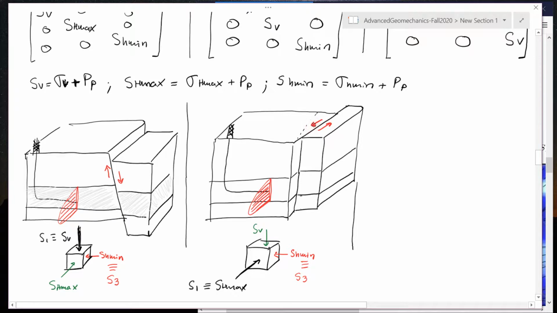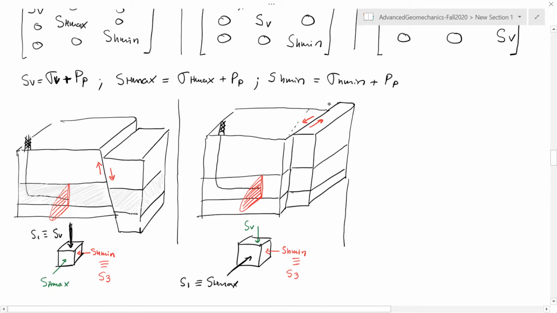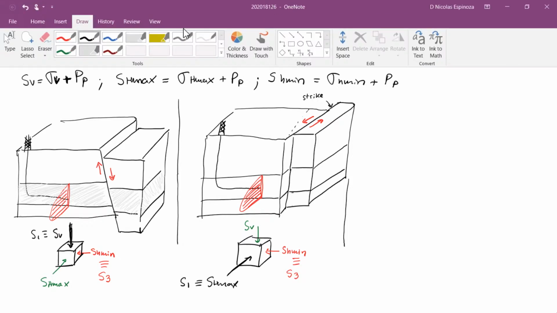That's called strike slip. The strike of a fault is this line over here, which is the intersection of the plane of the fault with the horizontal plane. That's what is called the strike. And because this fault is moving along the strike, that's why it's called strike slip.